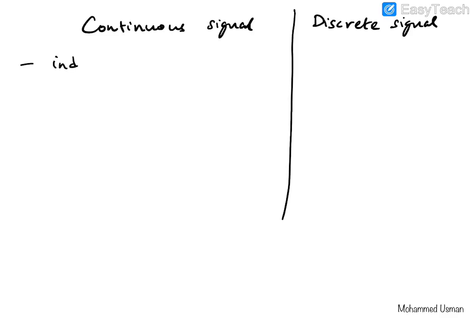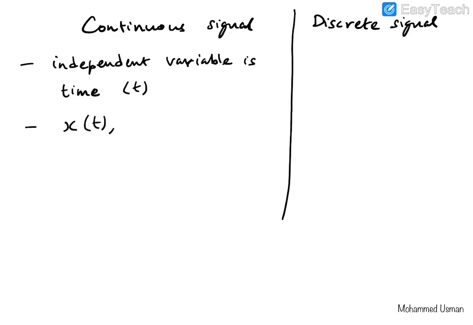So the independent variable is time, that we denote by the letter t. So the general notation is, you can write it as x of t or y of t or v of t, whatever name we give it, but it is a function of time, and we put that in parentheses or round brackets.